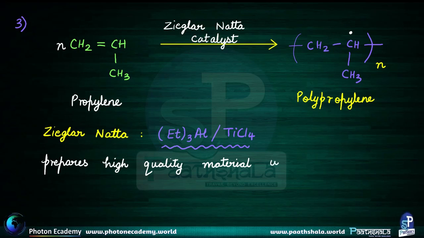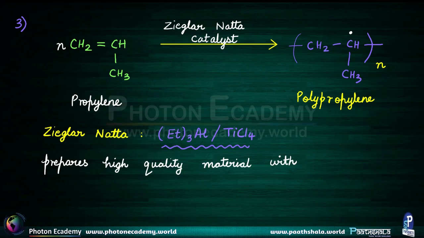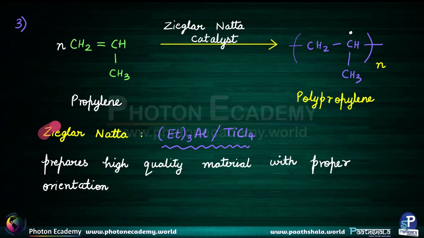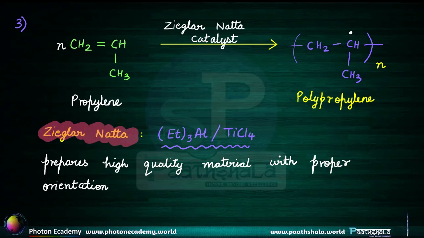So the randomly oriented chiral carbons that we were actually getting are given proper orientation with the help of this Ziegler-Natta catalyst. So for proper orientation and high quality, we are using the Ziegler-Natta catalyst. Let us just remove the chiral carbons that we developed. And now this is the third example of addition polymers that we are seeing.